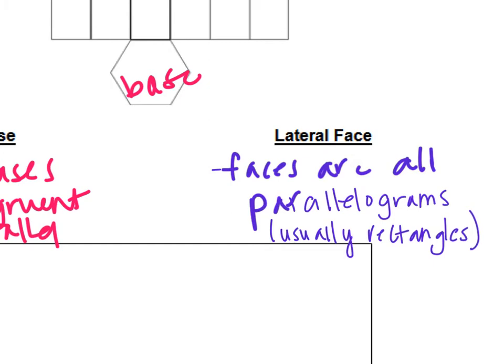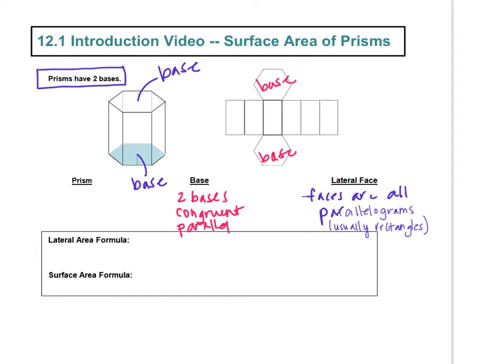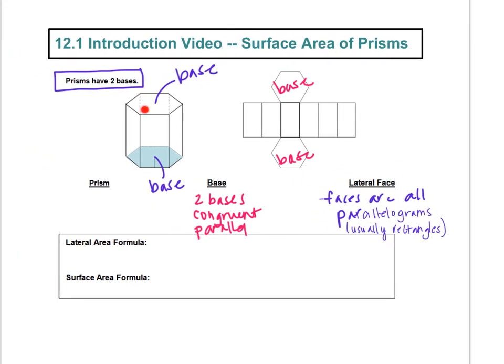Okay, so your prism is made up of two parts. You've got your bases, and then you've got your lateral faces. So we are going to work on finding the areas of all of these surfaces. The surface area is going to be the area of the bases and the area of the lateral faces.